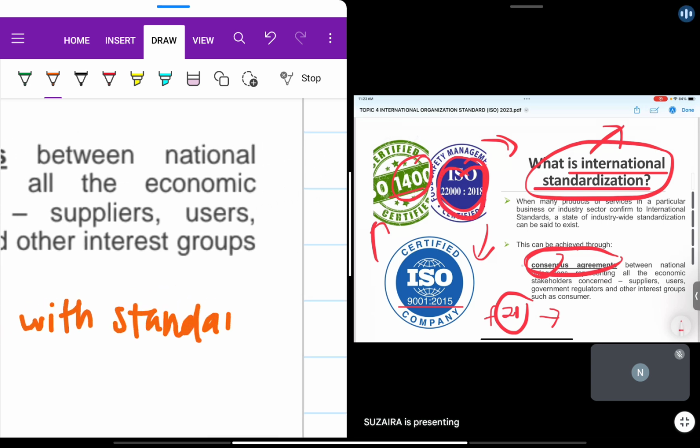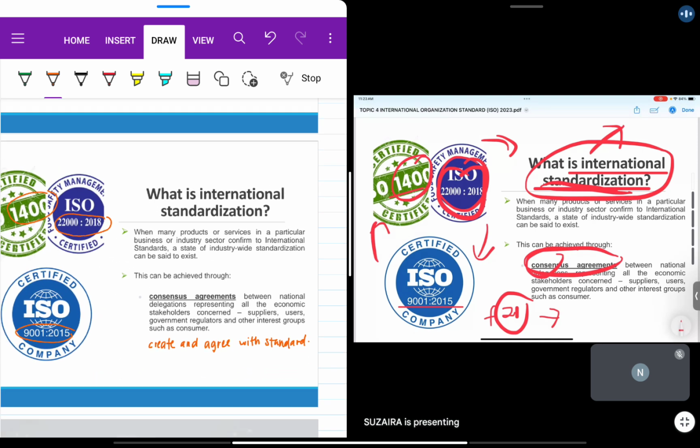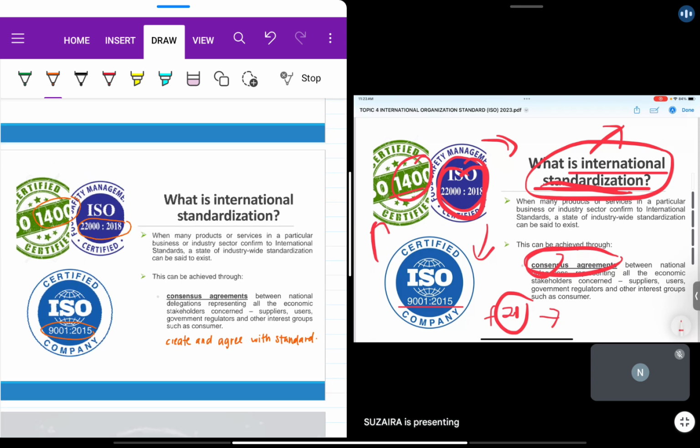Okay, so of course, in order for us to develop a standard, there must be a market requirement. So if there is a demand for some standard, we can come up with that standard. Then we can develop a new standard and use it as a reference or guideline for other companies, factories, manufacturers, or government agencies. So standards are actually important.